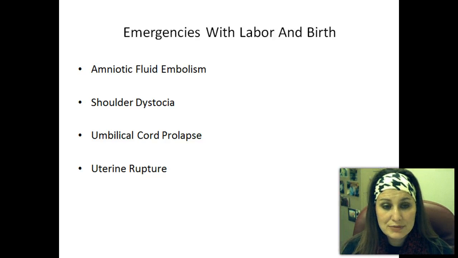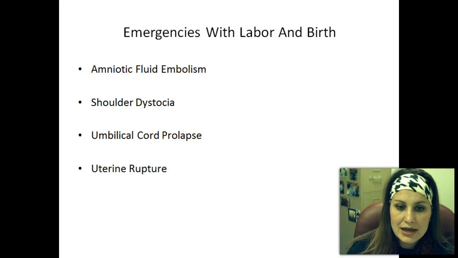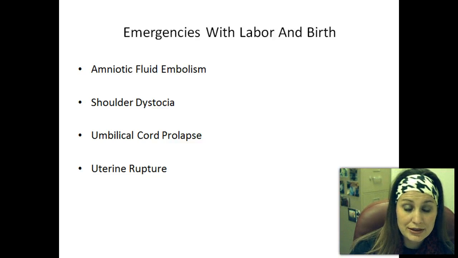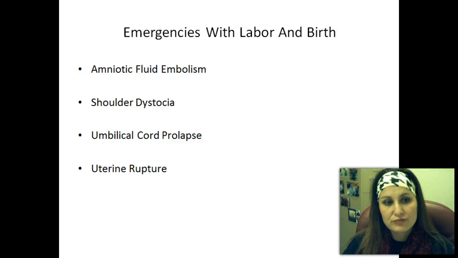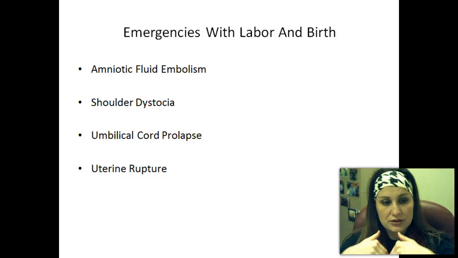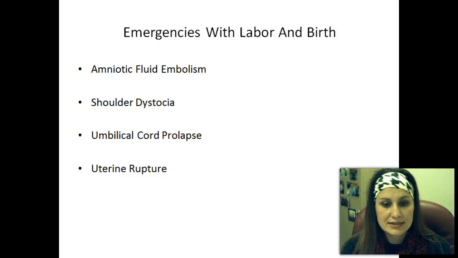Umbilical cord prolapse, we talked about this a little bit. A lot of times it doesn't happen, but this is what you are monitoring for after premature rupture of membranes. You're making sure that that cord did not go through the cervix and that the head is compressing on that.